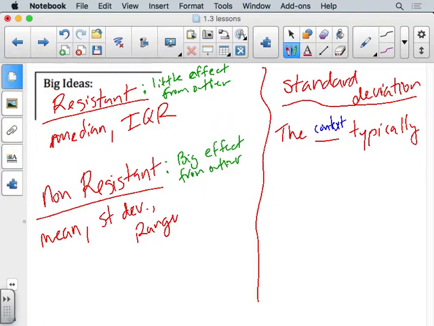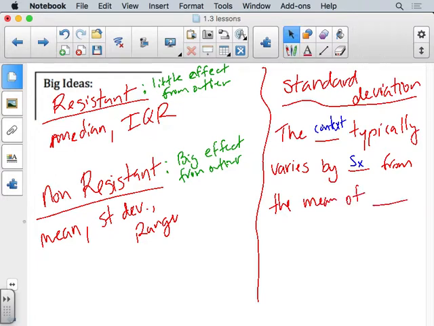So the blank typically varies by blank, which would be where you put your standard deviation, from the mean of blank, which is where you put your X bar.